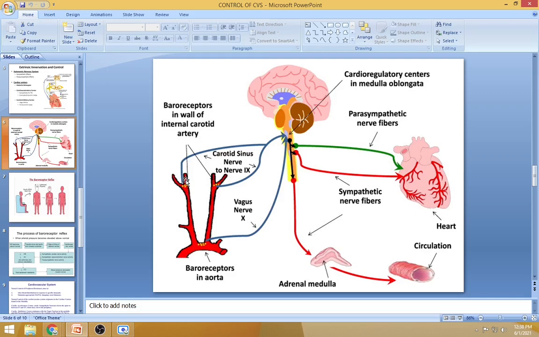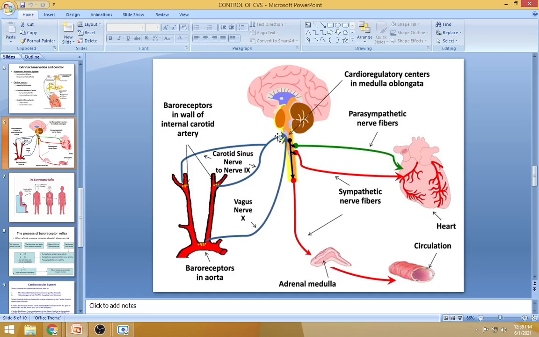So an elevation in the arterial blood pressure causes the stretch of these receptors, resulting in stimulation of these receptors, and then these receptors generate action potentials, which we call impulses or discharge, and these reach the vasomotor center through the nucleus tractus solitarius, which is the sensory component of the neural control system.